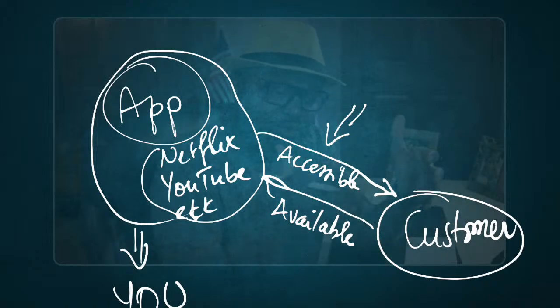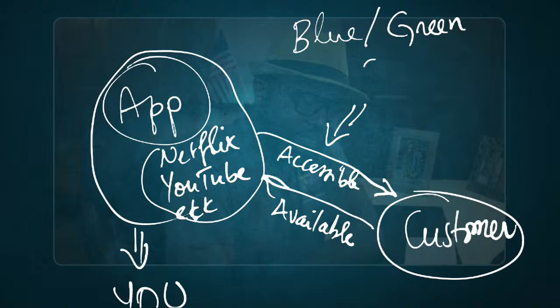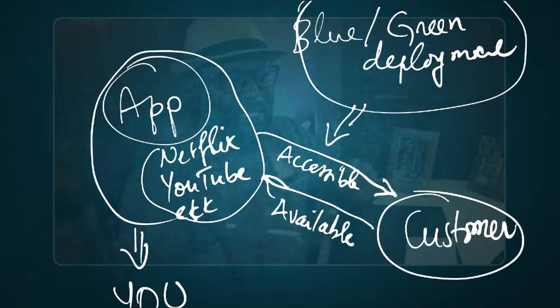And how do you avoid downtimes? It is by using the blue and green deployment. A blue and green deployment means that you have one deployment, our infrastructure, the process we use to deliver our services to our customers.